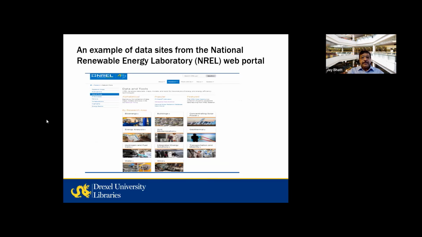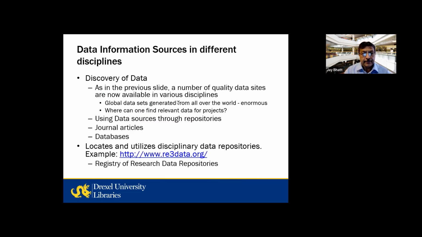Here is an example of data sites from National Renewable Energy Laboratory. And when you go to this website, there's a whole section on data and tools, and you will see data on bioenergy, on buildings, on power, energy analysis, hydrogen and fuel cells, wind data, water data, and so on. I'm not going to go into details of it, but I suggest you go and explore this website.